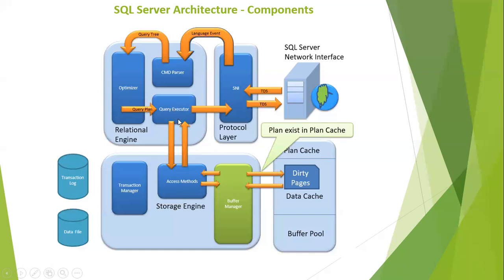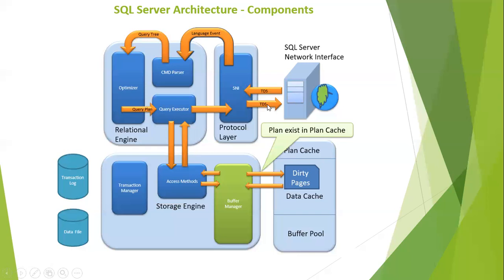The query optimizer sends the query plan to the query executor, and the query executor will start executing the query. Just at a high level, I will tell you up to this point. For example, let's say you have a select query, and from the client you execute it, and it will be sent to the SQL Server Network Library using TDS packets.